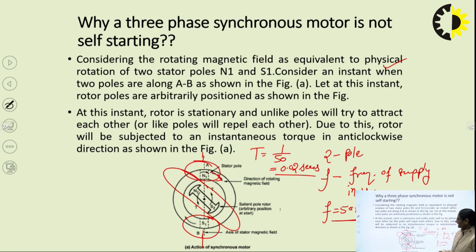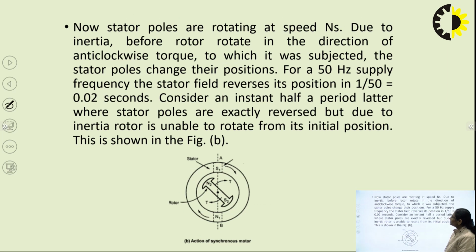Now, let us consider the instant just half cycle after this instant. One complete cycle is of 0.02 seconds, so the half cycle would be of period 0.01 second. So, let us see the condition just after 0.01 second, that is, just half cycle after this particular instant of time.